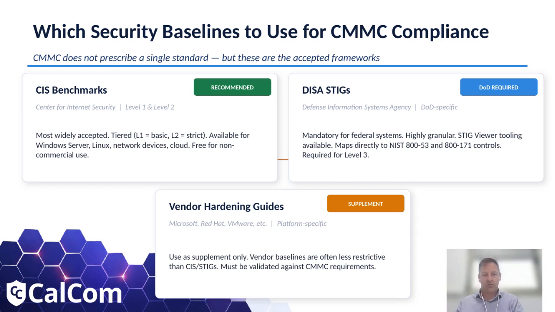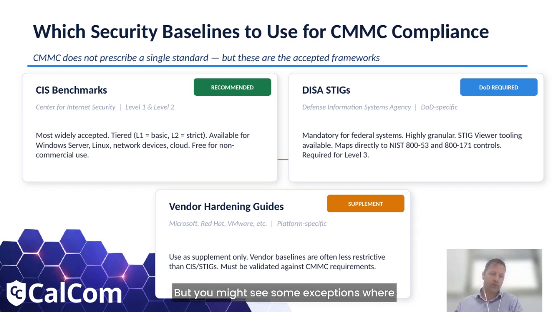In most cases, they fully overlap with CIS benchmarks or DISA STIGs, but you might see some exceptions where something the vendor asks for is not in the CIS benchmark. So it is always good to have another reference of a vendor-based benchmark, but for actually implementing and achieving the initial baseline, we wouldn't recommend just going with the vendor hardening guides, because nowadays the research performed at a community level in organizations such as CIS, and definitely in DISA STIGs, is more mature and covers more points.